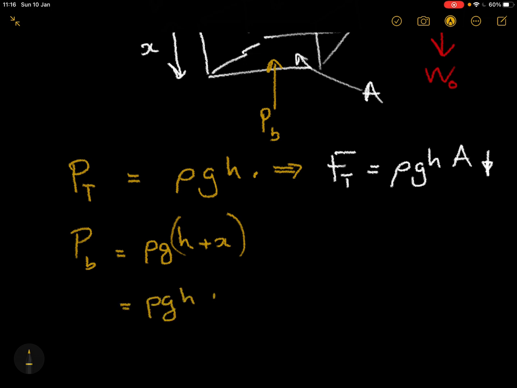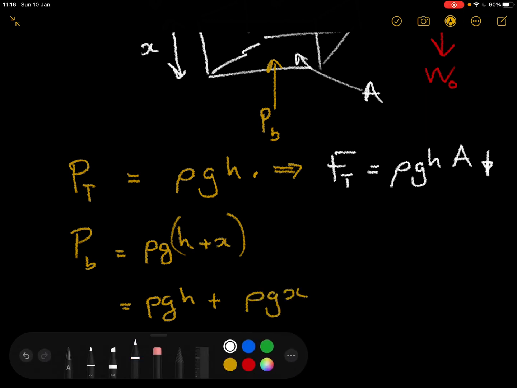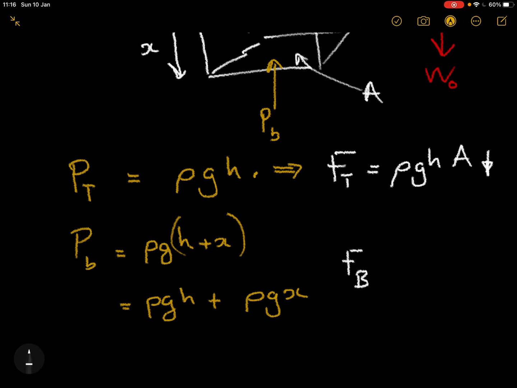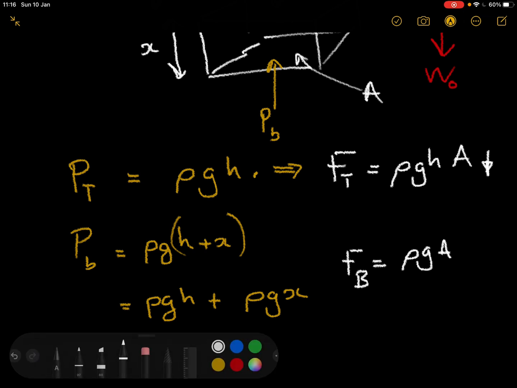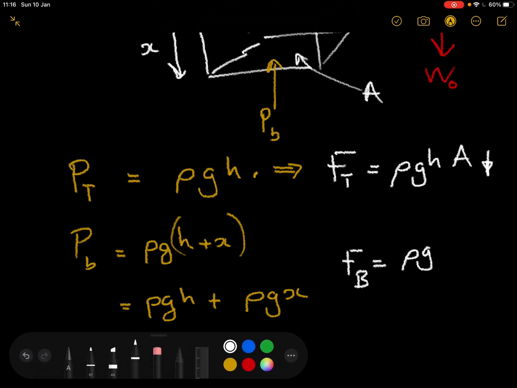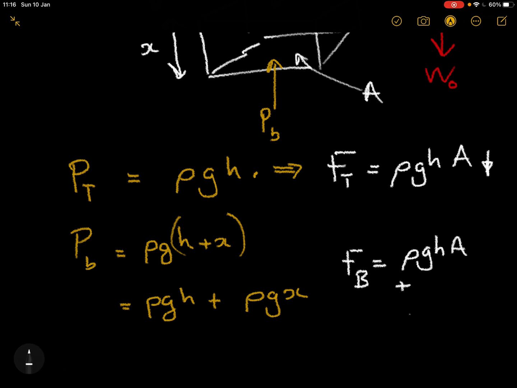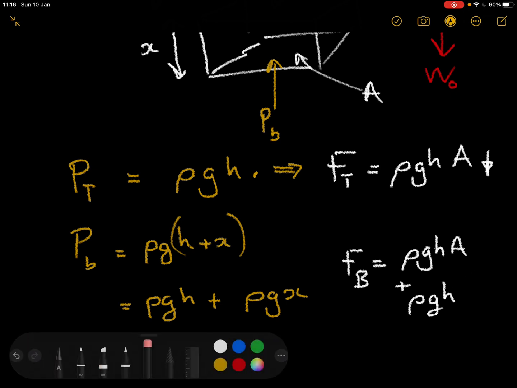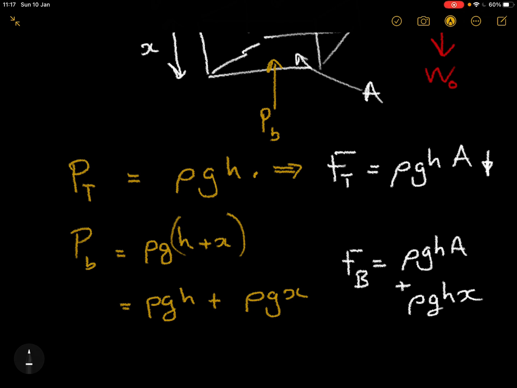So what we get there is rho g h plus rho g x, and that gives us a force on the bottom of equal to rho g h A, forgot the h, plus rho g x A. No, not hx.